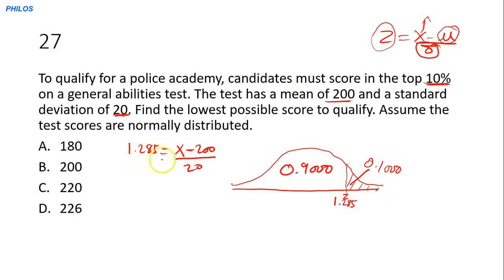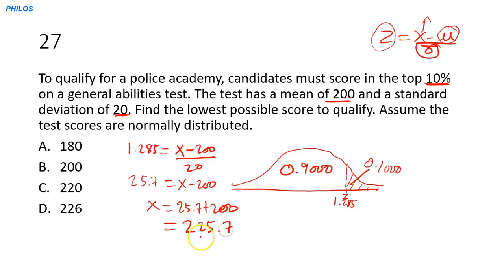If we multiply both sides by 20, 20 times this will give us 25.7 is equal to x minus 200. So if you make x the subject, x will be equal to 25.7 plus 200. So that will be 225.7. And you can approximate it to 226. So the answer is D.